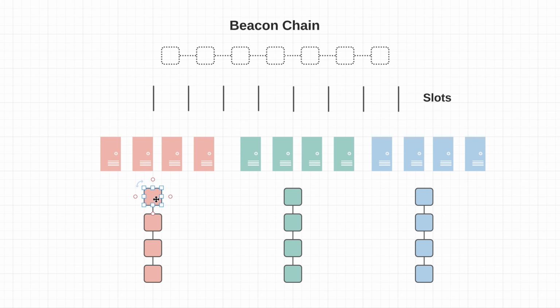So a slot is really just a chance for a block to be added to both the beacon chain and the shards. Just as some additional info, each one of these slots is actually 12 seconds long, and an epoch is just 32 slots. It ends up being right around 6.5 minutes. But again, each slot is 12 seconds long, and there are 32 slots in something called an epoch.